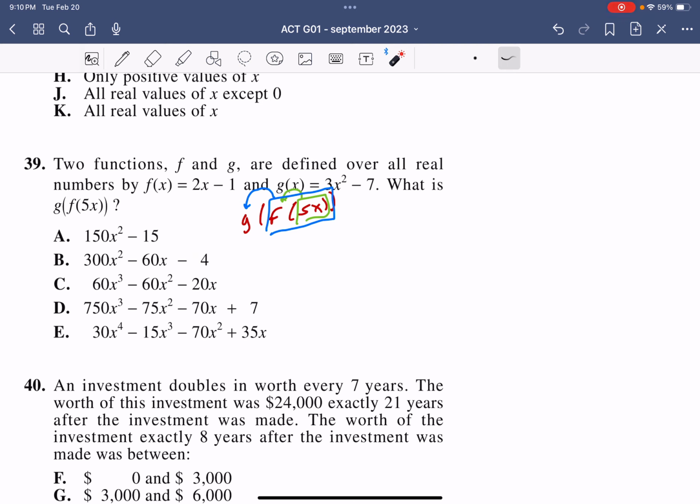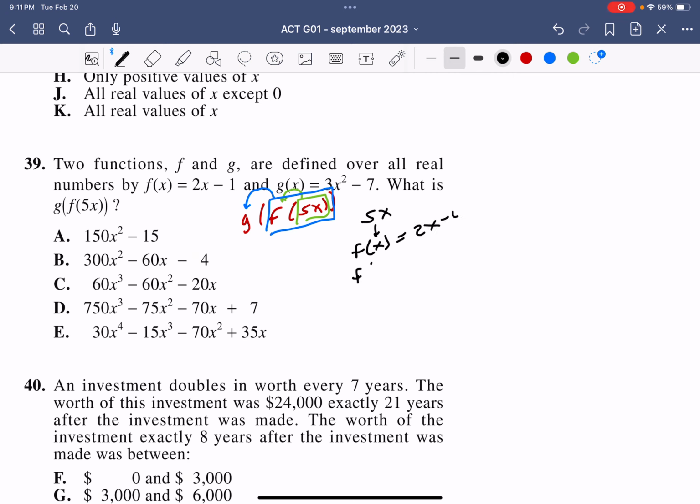Okay? So remember, this is literally replacing the x here, everywhere you see it in the f of x function. And if you don't remember how to do that, please go back to the playlist for algebra to review composite functions. Okay, so we're sticking this 5x in here for x in the equation 2x minus 1.